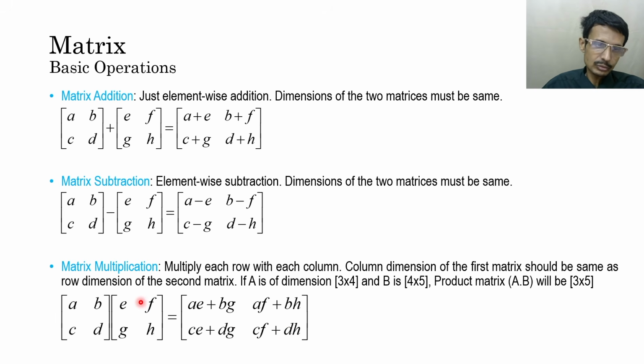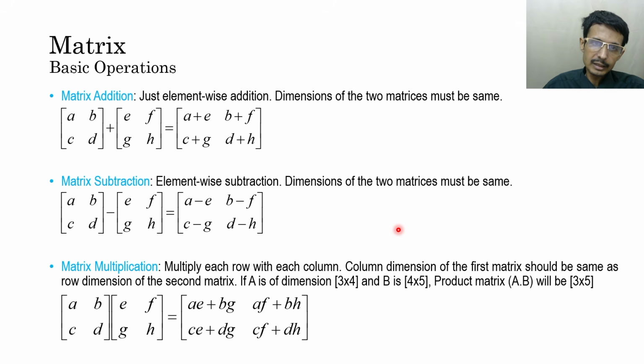One important thing to understand is that for matrix multiplication, the column dimension of the first matrix should be the same as the row dimension of the second matrix. If there is a 3 cross 4 matrix and a 4 cross 5 matrix, this is possible because the column dimension of the first matrix is 4 and the row dimension of the second matrix is also 4.